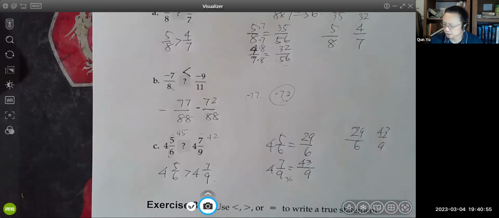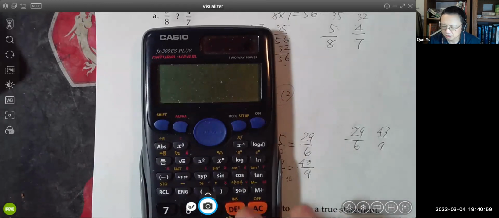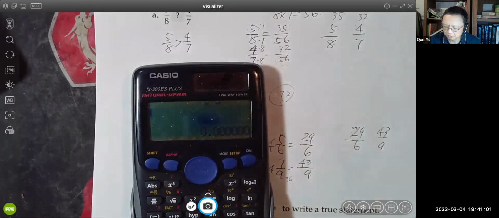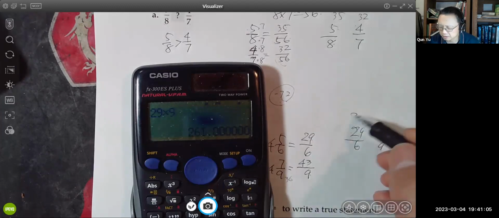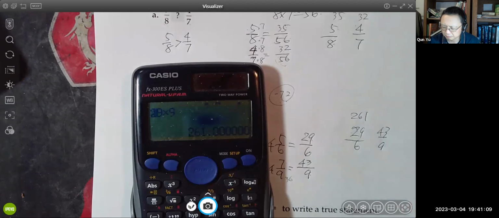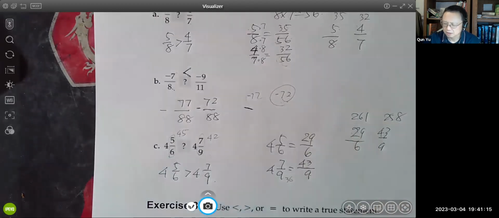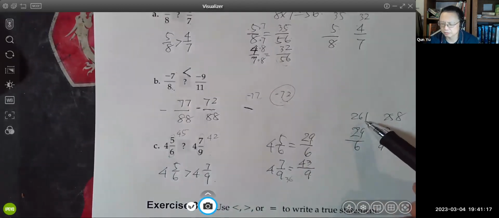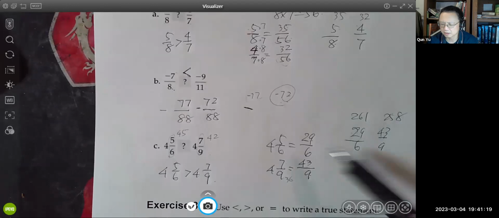Do cross multiplication, but this time I'm going to use a calculator. 29 times 9 is 261. And 43 times 6 is 258. You see, the conclusion is the same. Still, the first number is bigger than the second one. This is our first number. This is the second number.